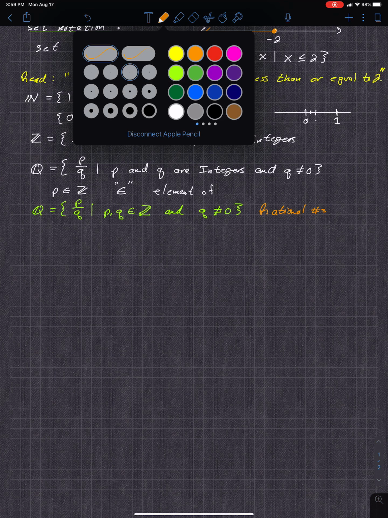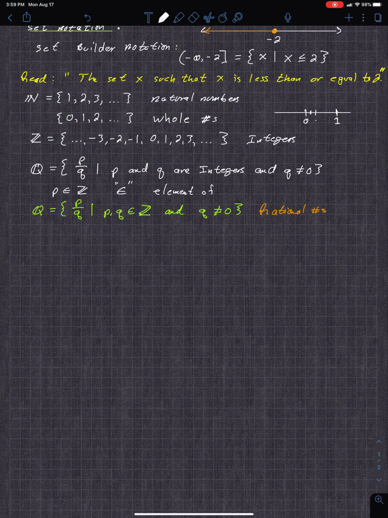All right, so then the next set are irrationals. Or irrational, I'll say irrationals. Literally means not rational. So basically it cannot be written in this form as a fraction. That's literally what it's saying.